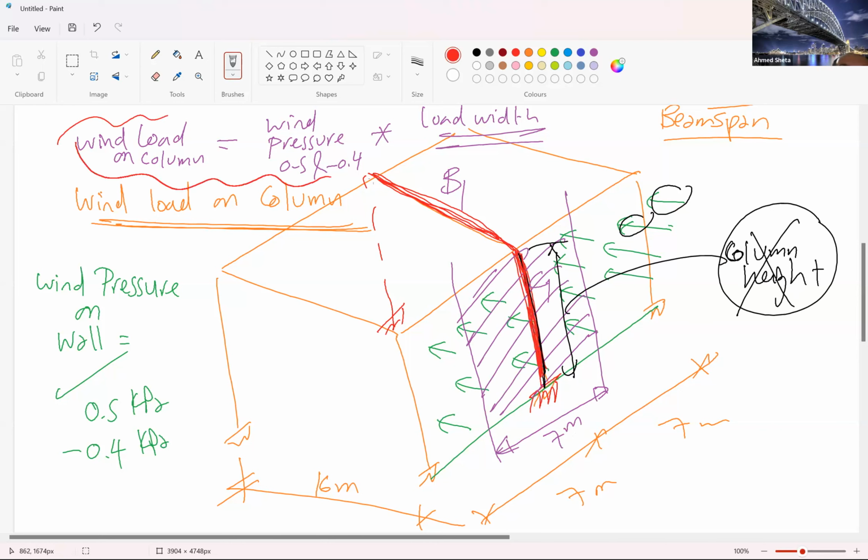The wind load on the column equals the wind pressure on the column times the load width of the column, which is similar to the beam load width. This is the trick in this example. The load width for the beam is similar to the load width of the internal or intermediate column. Okay, all good?